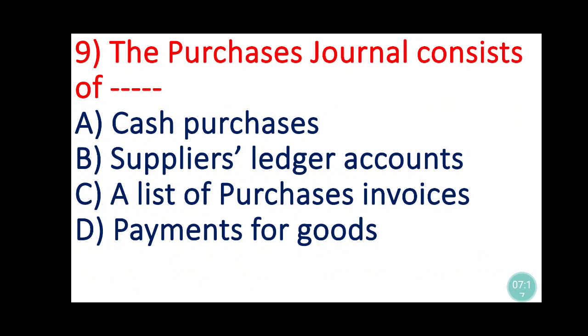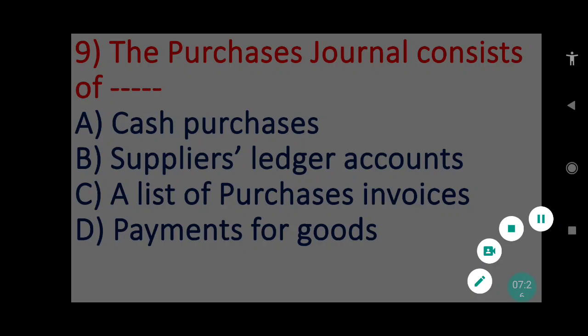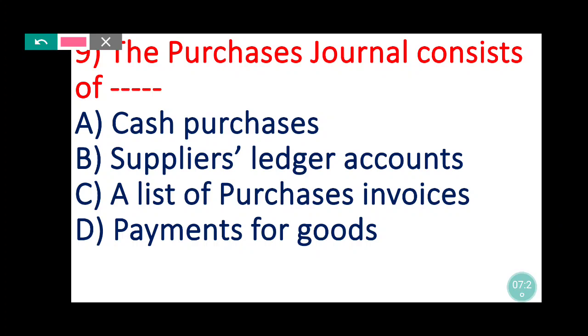9th one, the purchase journal consists of. So here the answer is a list of purchase invoices. See, we saw the purchase day book. The format of the purchase day book: date, particulars, then there is one column for invoice.